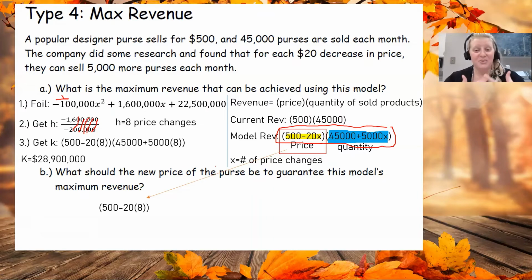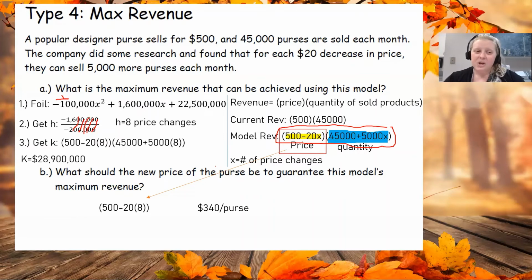Instead of writing 500 minus 20x, I'm going to plug 8 in for x because that causes my maximum revenue to accrue. 500 minus 160 gets me 340. So I want to charge $340 per purse in order to make that $28,900,000 happen.